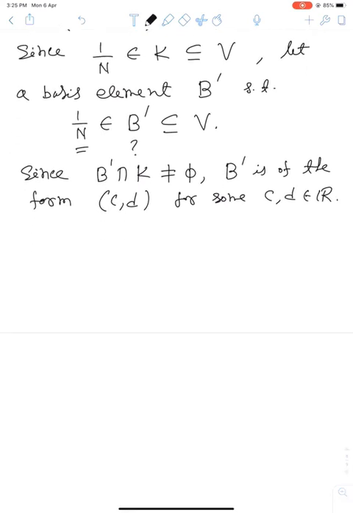So that implies 1 by n belongs to C comma D, which is a subset of V.